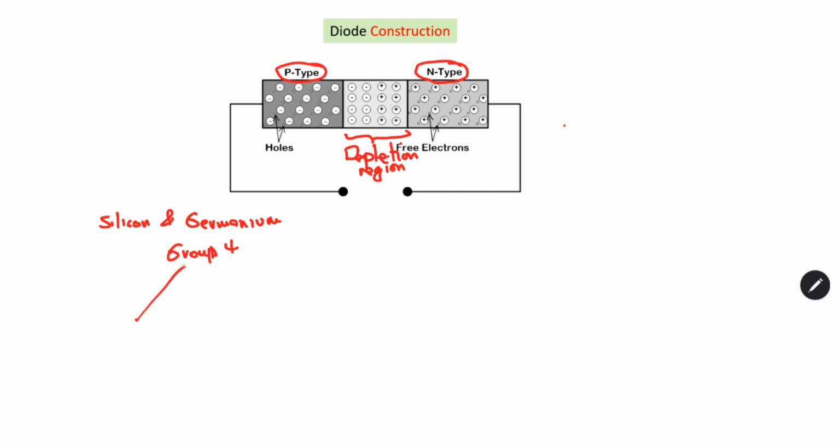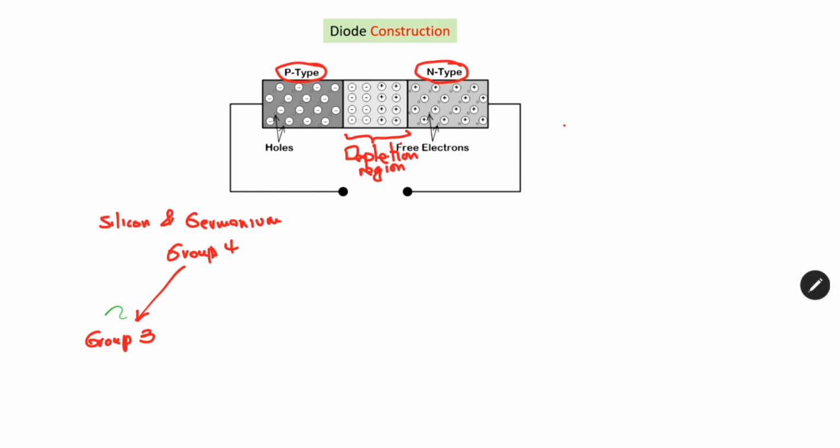So in order to create the p-type semiconductor material, the silicon or germanium of group 4 must bond with an element in group 3. Group 3 elements in the periodic table have only 3 valence electrons.